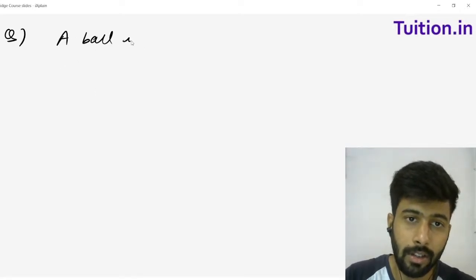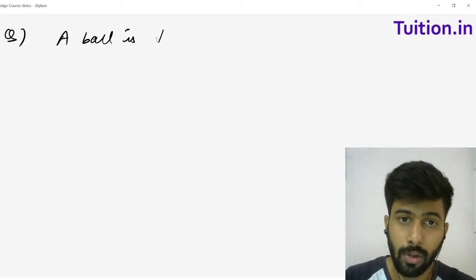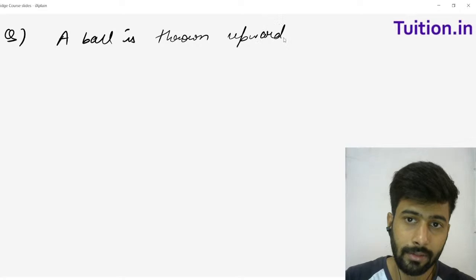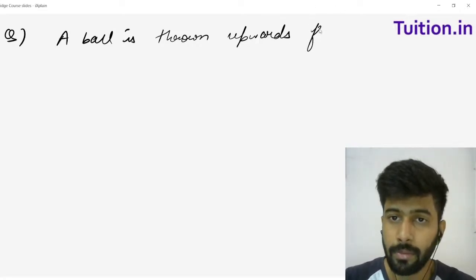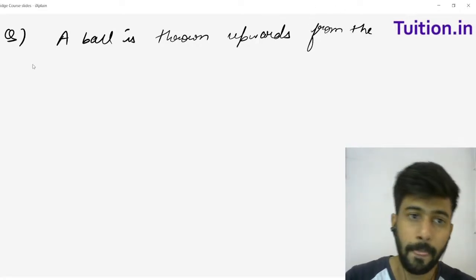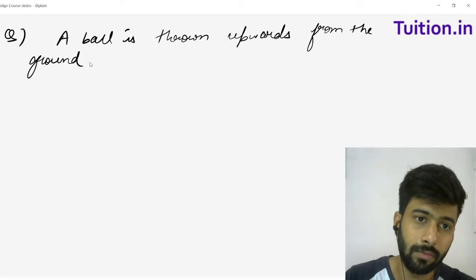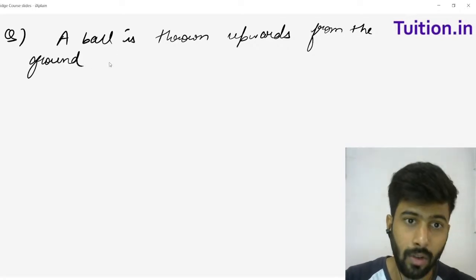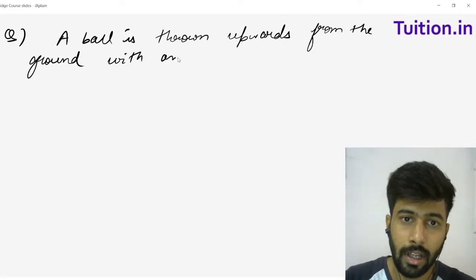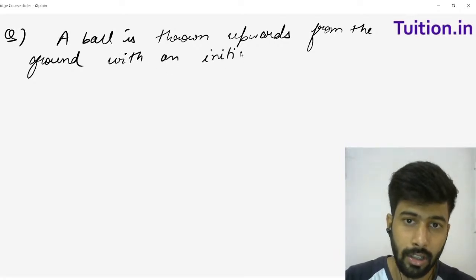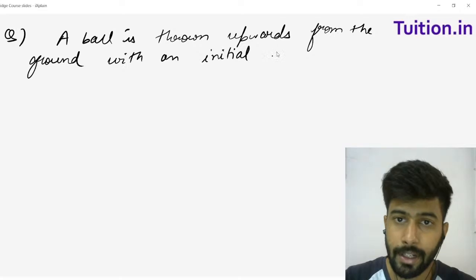A ball is thrown upwards from the ground with an initial speed of u.